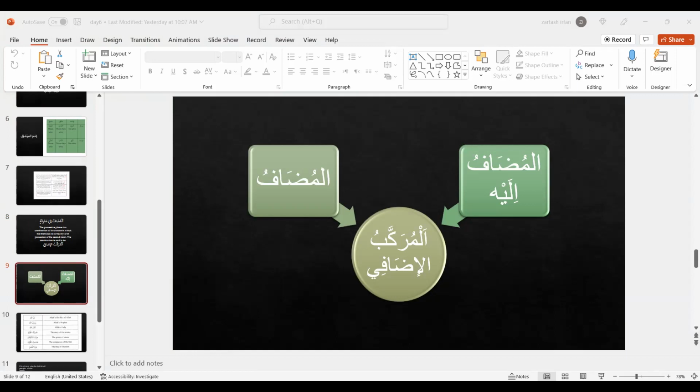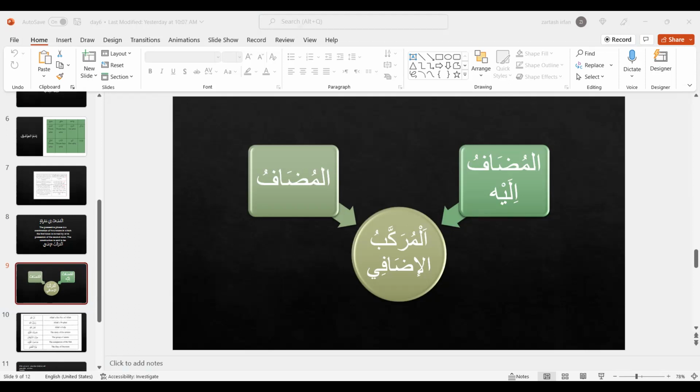Okay, so al-mudaf is the first noun, the noun which is possessed. It will always be an indefinite or common noun and will never have the article al or tanween with it.